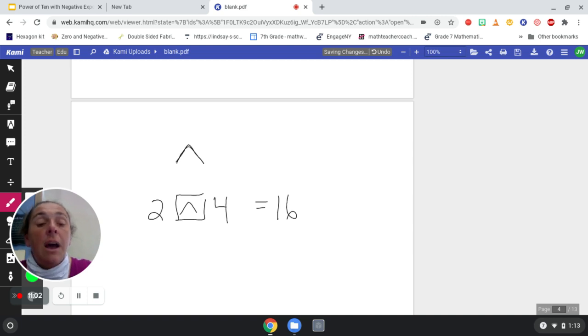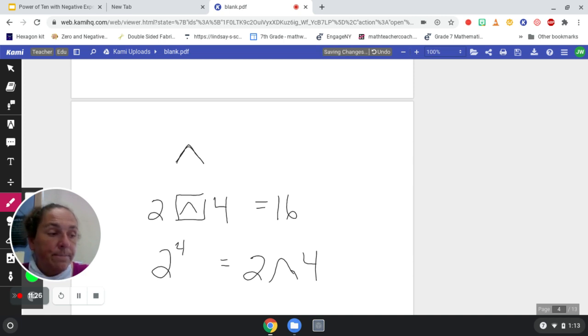Okay, sometimes I may ask you when you have to write numbers out, maybe in Google Forms or something else that doesn't allow you to put the exponent as a small number. Sometimes I will ask you just to write that with a caret key. That way I know that you understand that that next number is your exponent.